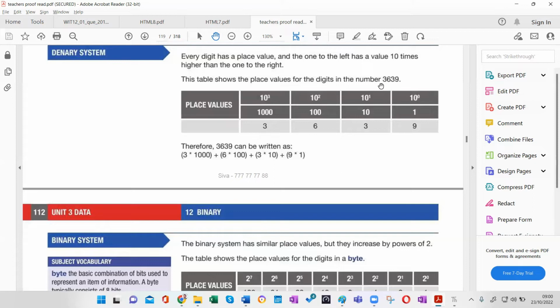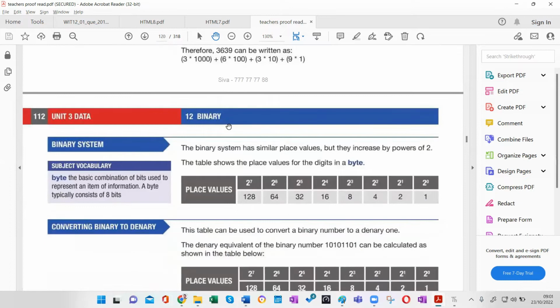Altogether, you get 3639. That's clear, right? That's something you know already. Yes, sir. So when you go to the left, the place value increases, and it goes as powers of 10. The same thing applies to other number systems.